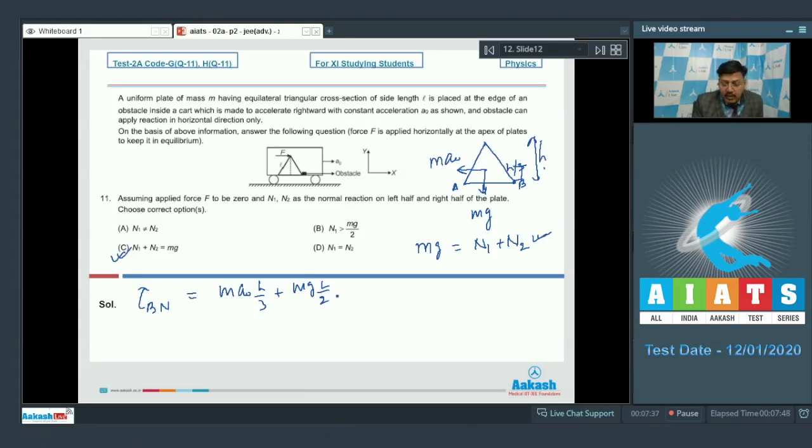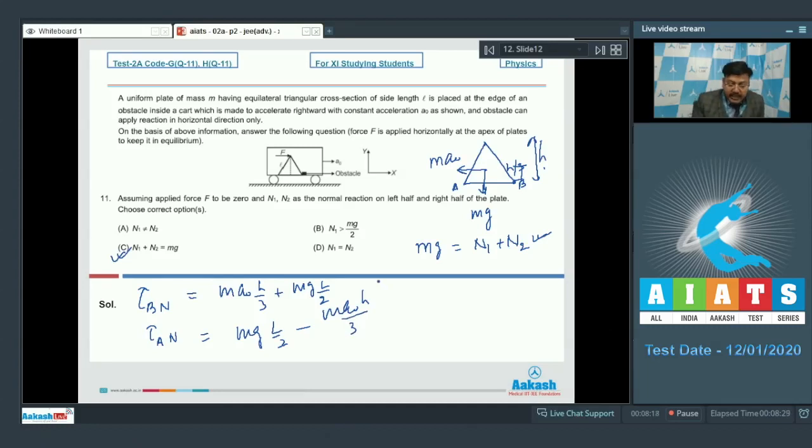This is the torque of normal reaction about point B, whereas torque of normal reaction about point A, if I look, is equal to the difference of the two, right? So that torque about A of that normal reaction is in the anti-clockwise sense. So this torque is equal to mg L by 2 minus ma0 h by 3.